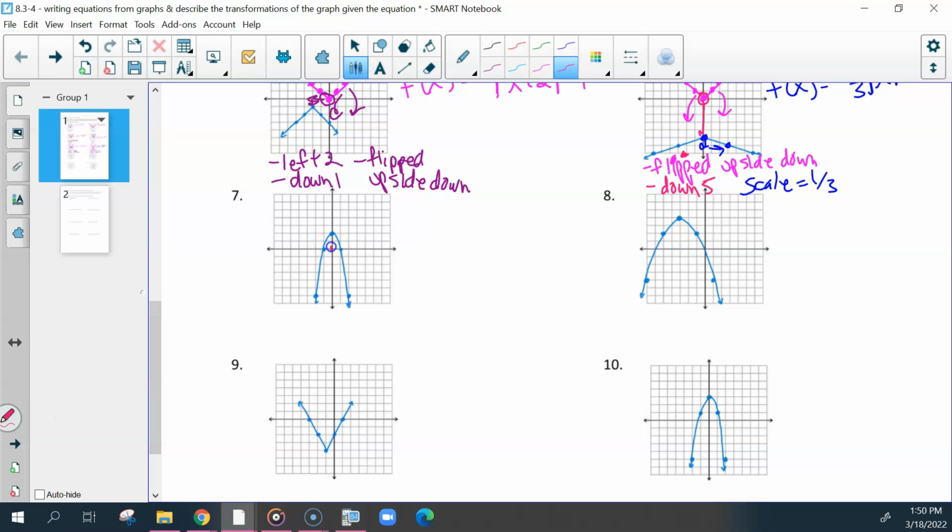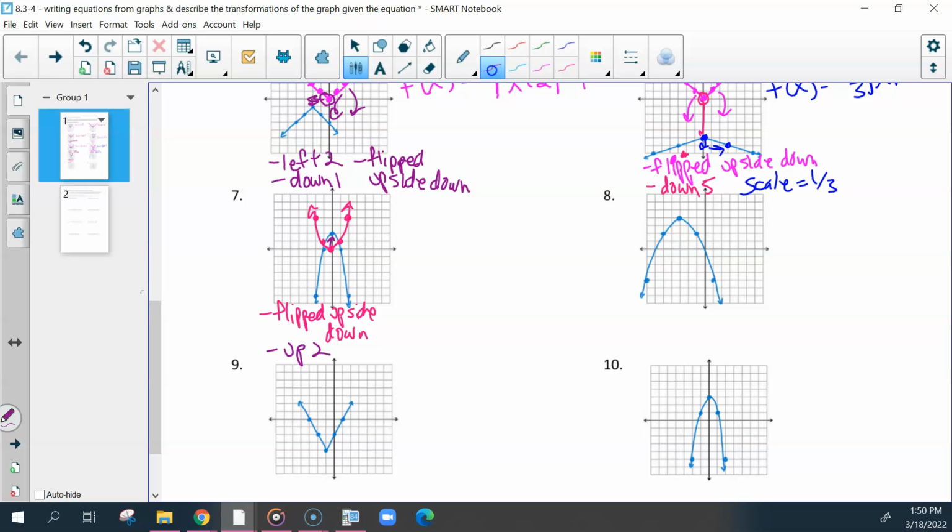Okay, so our parent function would look like this. So it's definitely been flipped upside down. It was definitely moved up by 2.